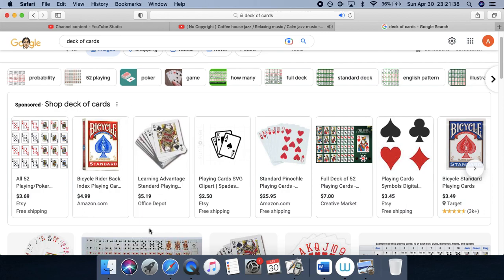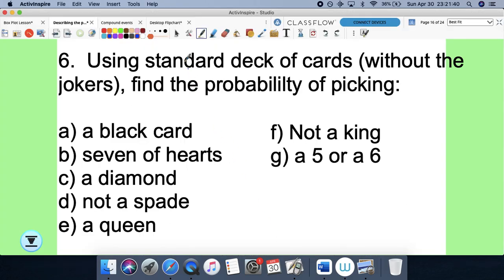So going back to our question, what's the probability of getting a black card? Well, how many black cards are there? First of all, the total is 52. There's your clubs, your hearts, your diamonds, and your spades.